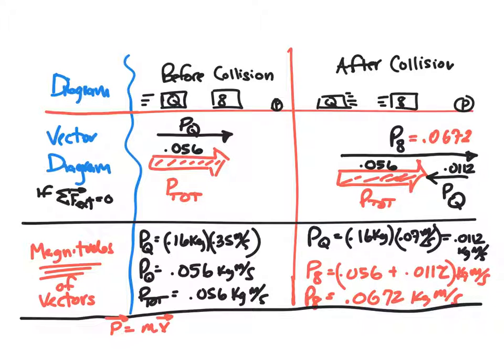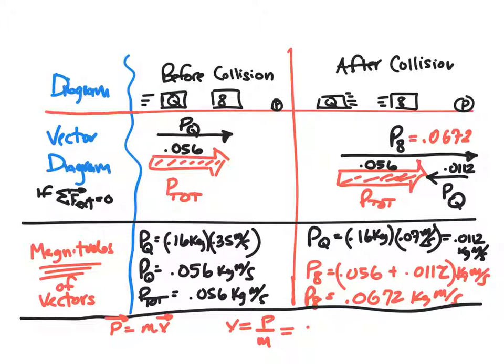So I can just deal with the magnitudes now, because I know my velocity of the 8 ball is going to be to the right after the collision. My 8 ball has to be moving to the right. Therefore, its velocity has to be to the right. So the velocity magnitude is going to be the momentum magnitude divided by the mass. So now I'm ignoring vectors and just worried about the magnitude of the velocity vector, otherwise known as the speed.